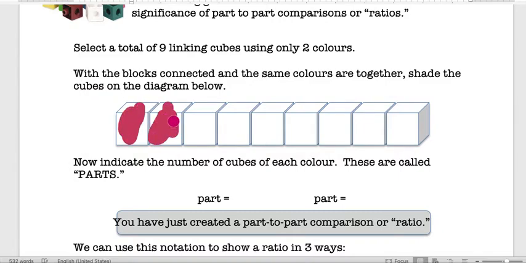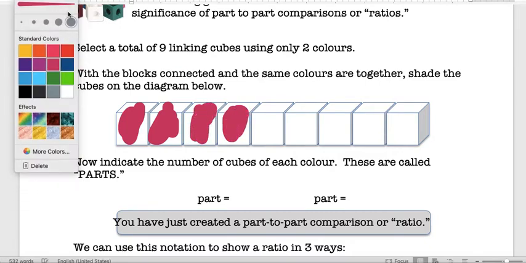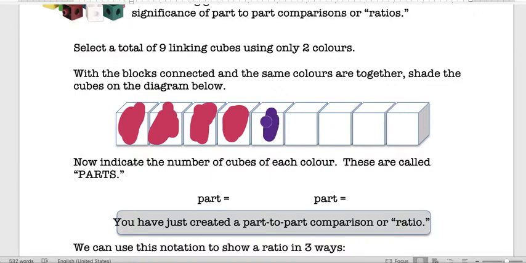I would have had 4 pink cubes, and then 5 purple cubes. So my part-to-part comparison would be made up of pink and purple cubes.